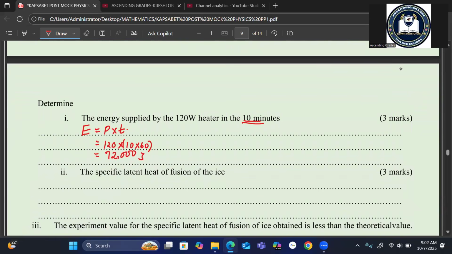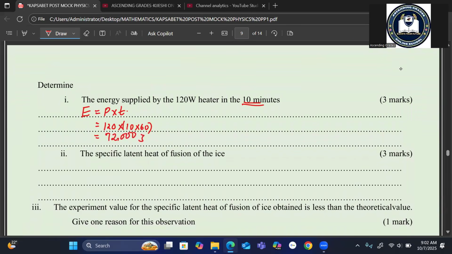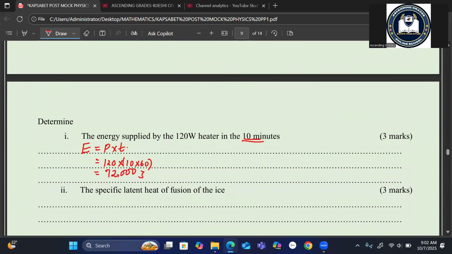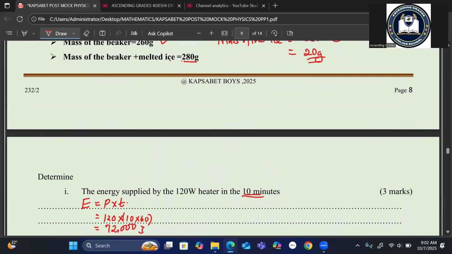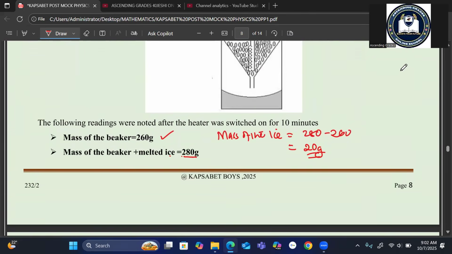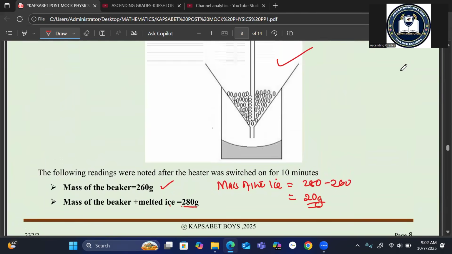Now you're told the specific latent heat of fusion of the ice. Remember, if you get back to the diagram, you will find that we are only focused on the amount of heat that will be received by the ice only. Because as you can see, we are having this filter funnel, and it will allow the melted ice to move away.